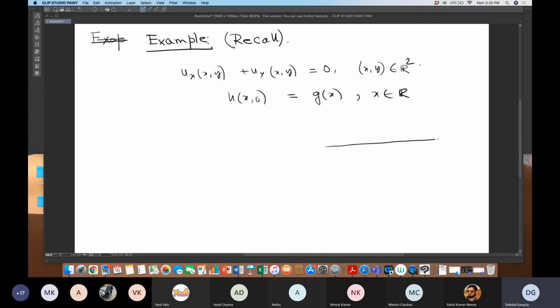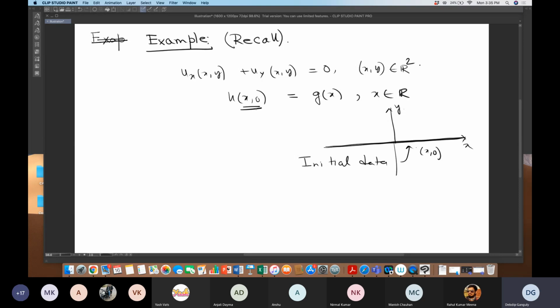So your initial data is given along this line. This is x, this is y. The initial data is given here, at (x,0), as g(x).